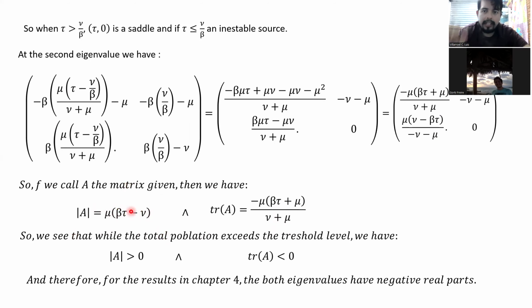So we are considering the right side of our point tau equals b over beta. And for this result, we can keep in mind chapter 4 of this book, which says that both eigenvalues have negative real part.